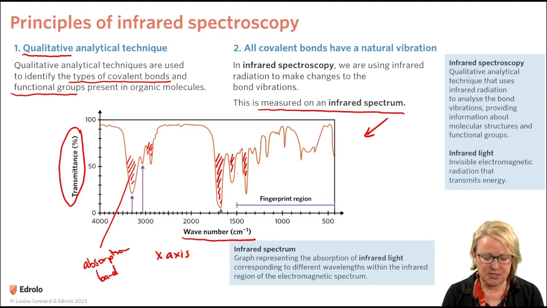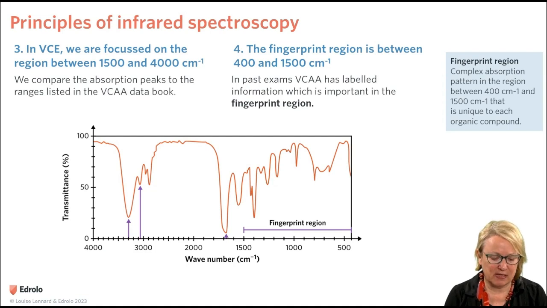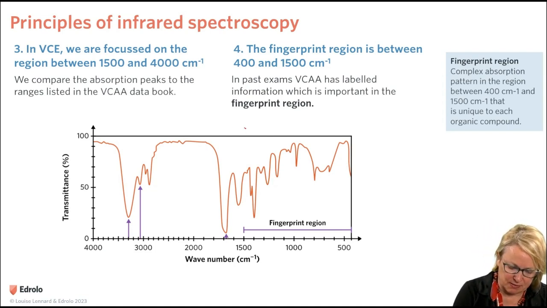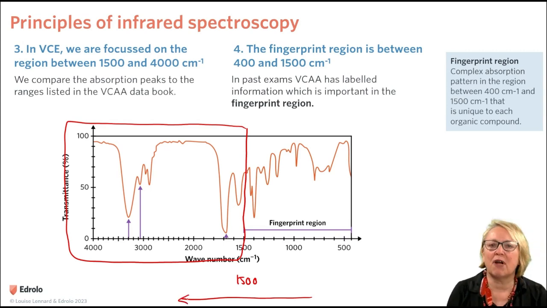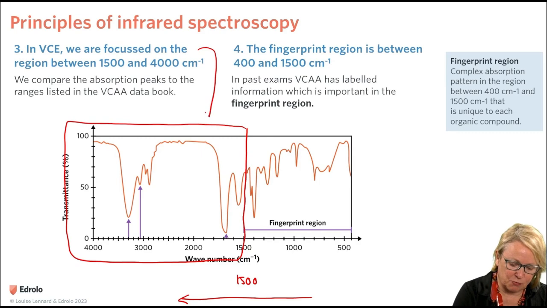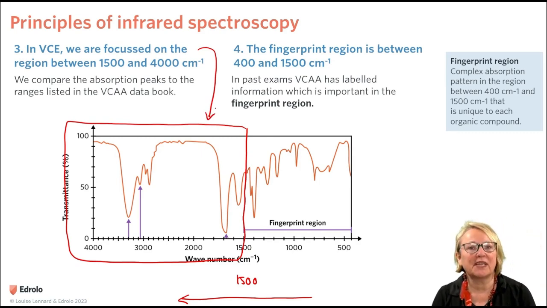The next thing to know is that in VCE, we're concerned about this part of the spectrum from 1500 to 4000 centimetre^-1, and we read it from right to left.